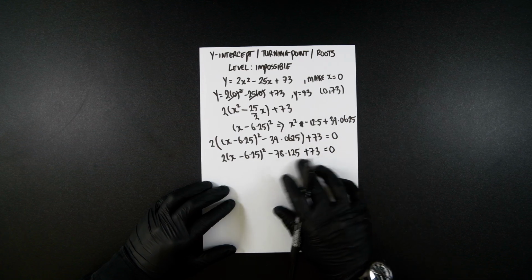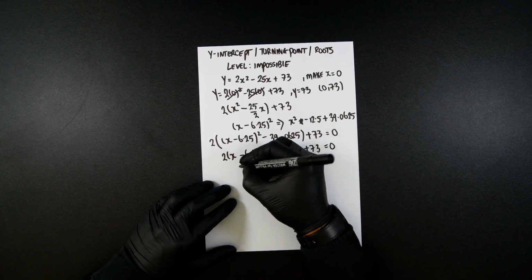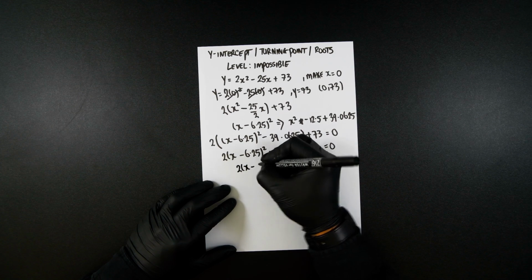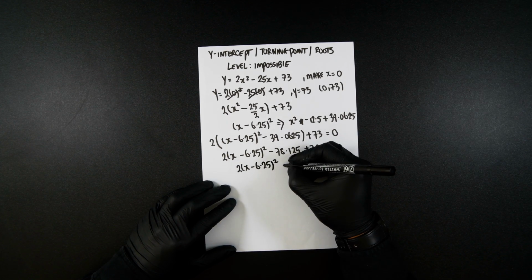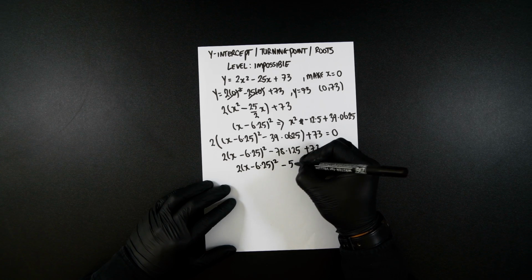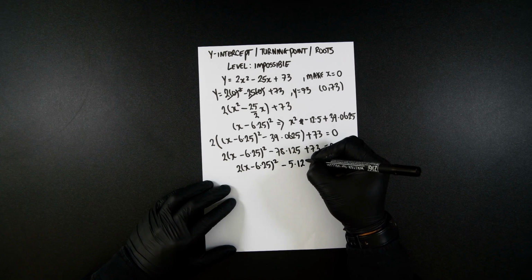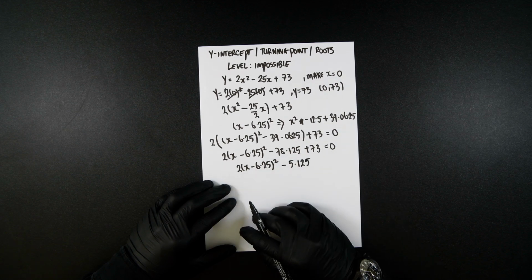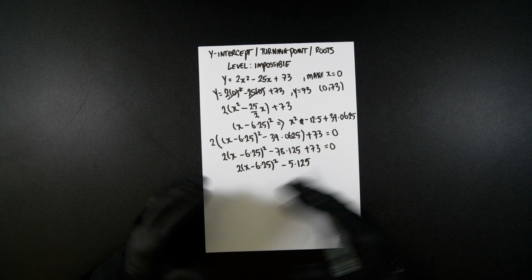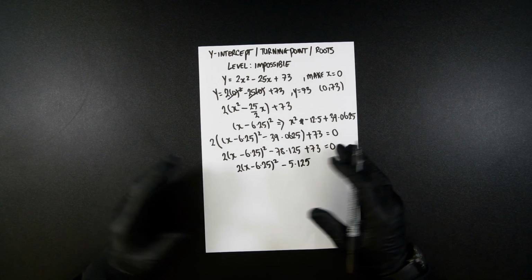We can clean this up by going 2 times x minus 6.25 squared, and then this would be minus 5.125. If you can't do these kind of decimals in your mind, then maybe you should just get better at maths.